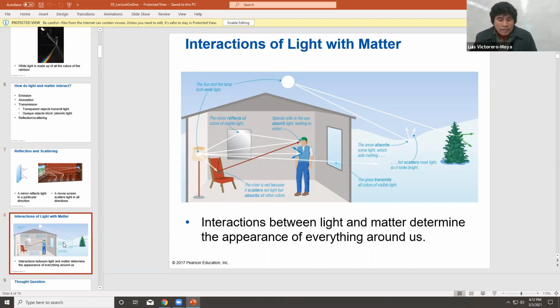For example, a typical question is why the sky is blue? And the incorrect answer that you will always hear from people, even from people that have done some sort of science in high school, is because the water of the ocean is being reflected on the sky, right? Which is incorrect.